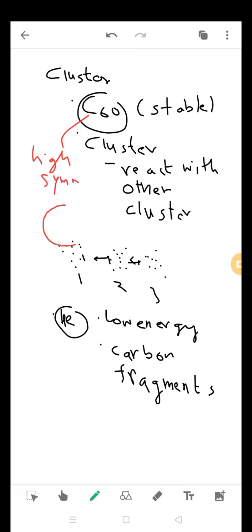It is like the shape of a football with hexagons of carbon on its surface, and apart from these properties, the C60 molecule is relatively inert compared to other carbon fragments or other carbon compounds. It is less toxic.